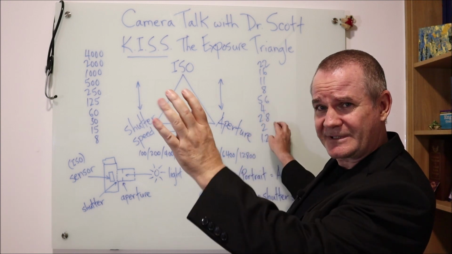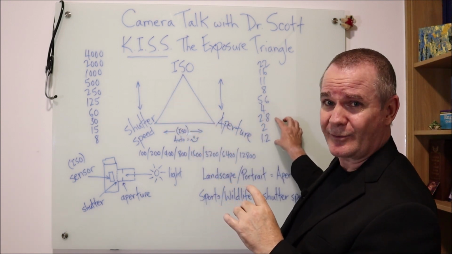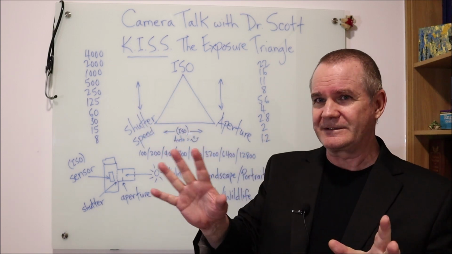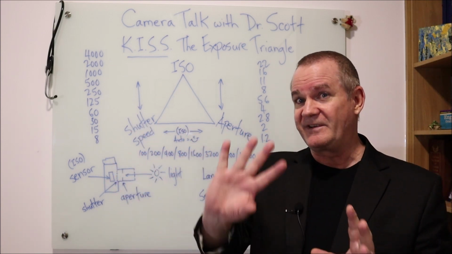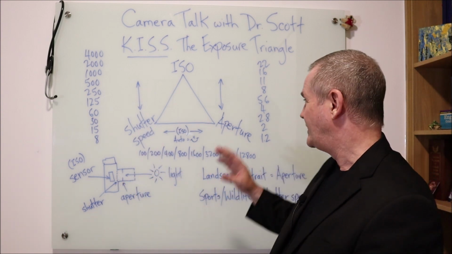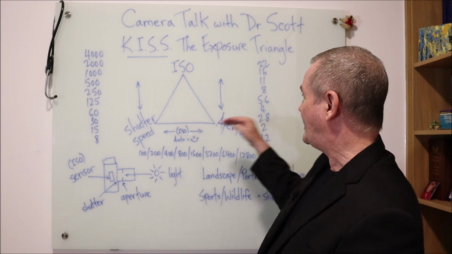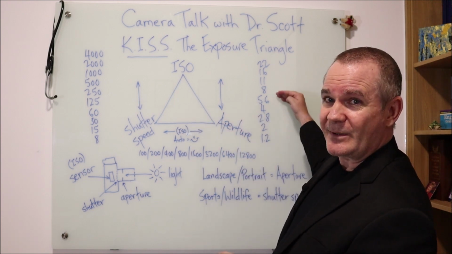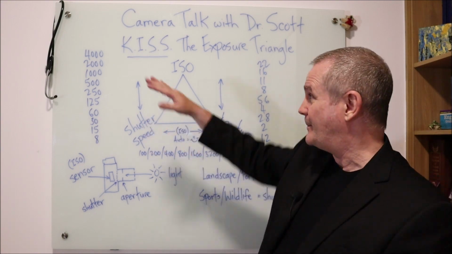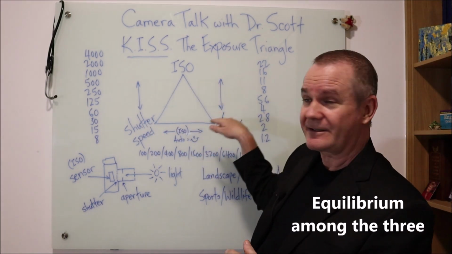If you're trying to shoot something far away, it's very difficult to do with low apertures because of the depth of field. Depth of field is a completely different video; we can look at that another time. But again, it's compensated by keeping your aperture higher and using the ISO to balance out this triangle.